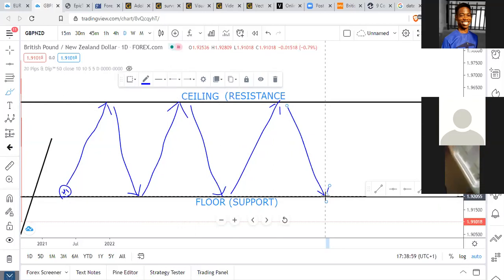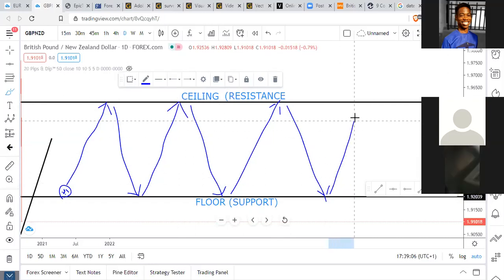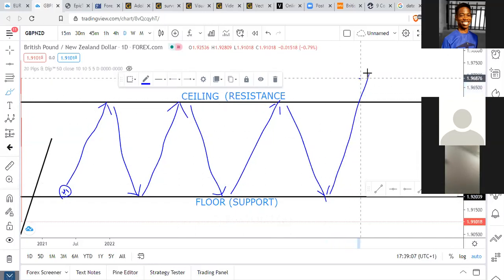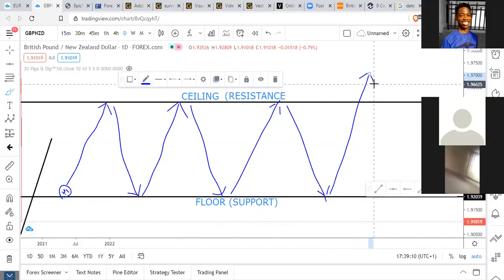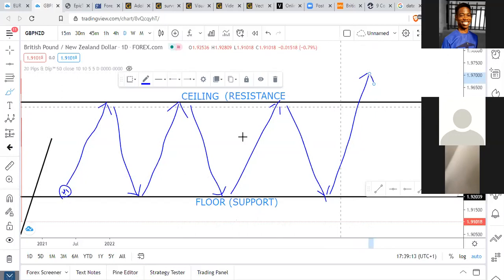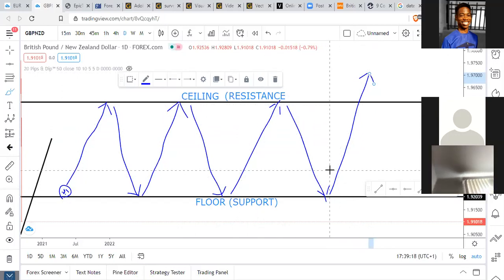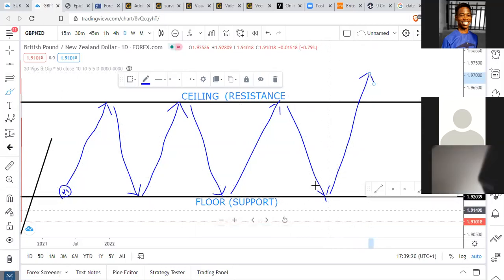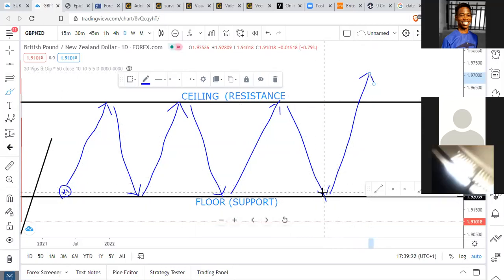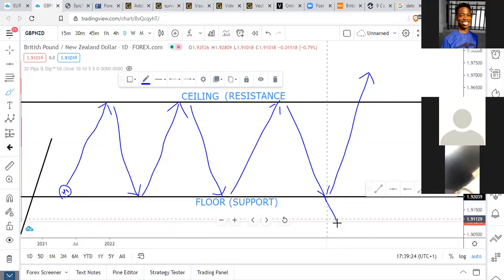Come down. But now, what happens this time around? Once when you buy, it now breaks your ceiling. What happens when it breaks your ceiling? It has violated that rule of sell at resistance. And what happens when instead of reaching here and bouncing, it now breaks it and goes lower?